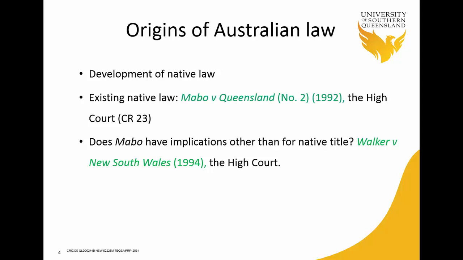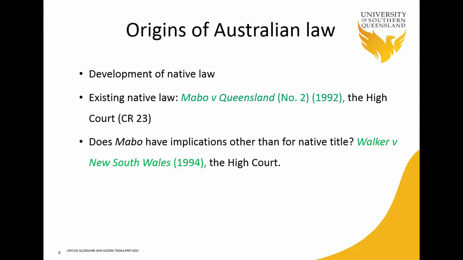That's really a legal fiction, and if you want to know more about these concepts, you can either consult the glossary in your textbook or go to the Australian Legal Dictionary, which is available online through the University of Southern Queensland's library. Terra nullius basically means that the territory belongs to no one.